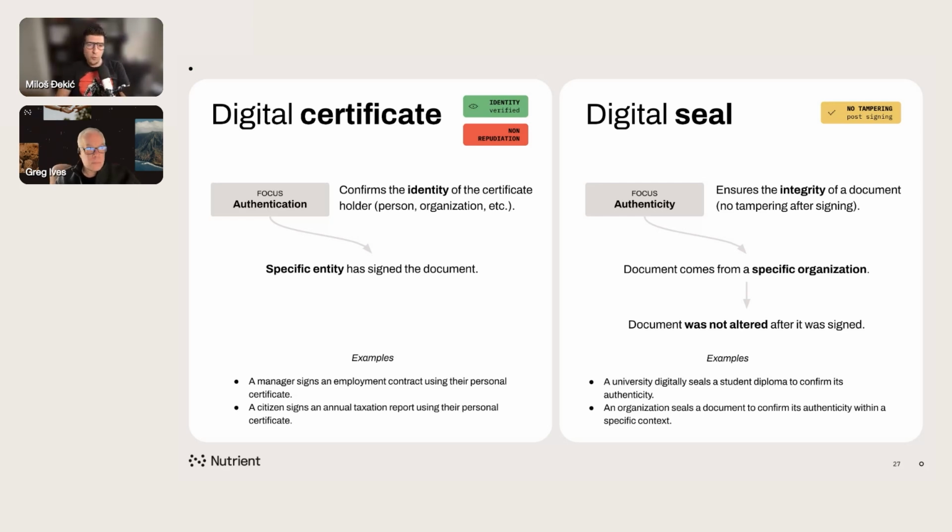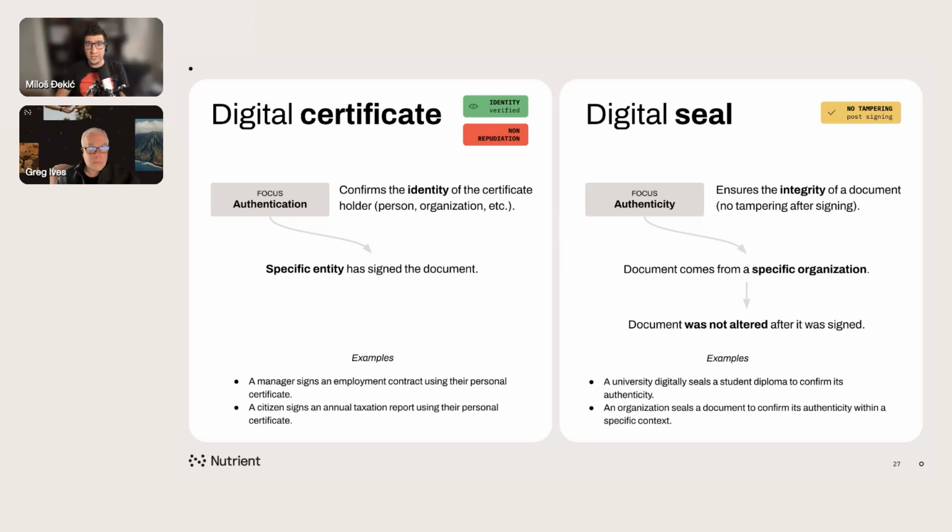Now, the cool thing about this being the same technology in the back is when you sign with a digital certificate, you also get the proof of non-tampering. So it's the same thing. By the way, a typical example of a digital seal used is you're signing an NDA.